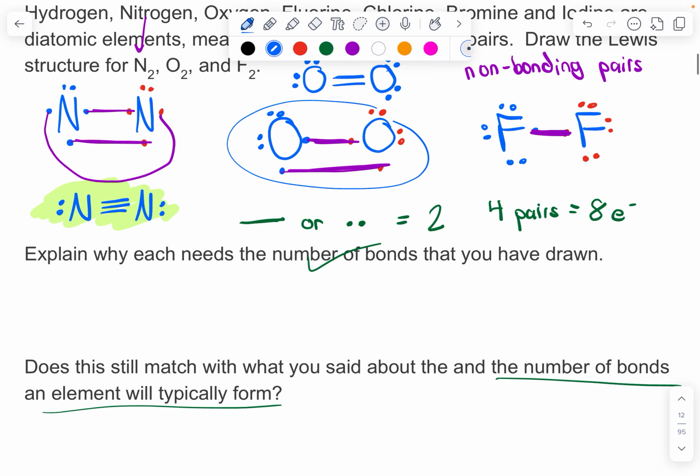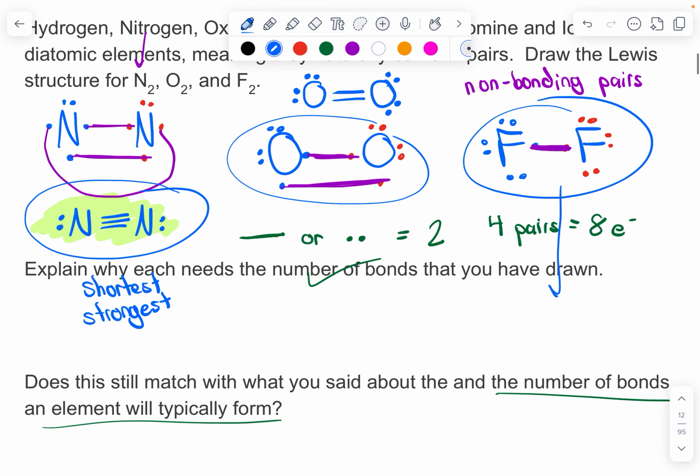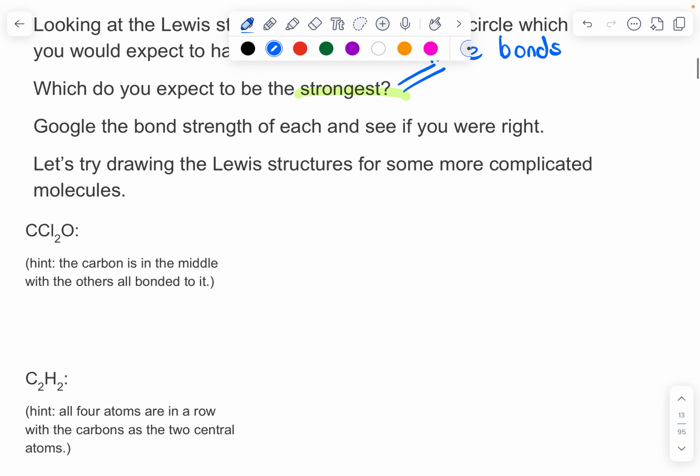So N2 actually is going to have the shortest and strongest bond because there's 3 of them. F2 is going to be the longest and the weakest of this set. And we'll formalize that, put it in the notes at the end of this chapter.